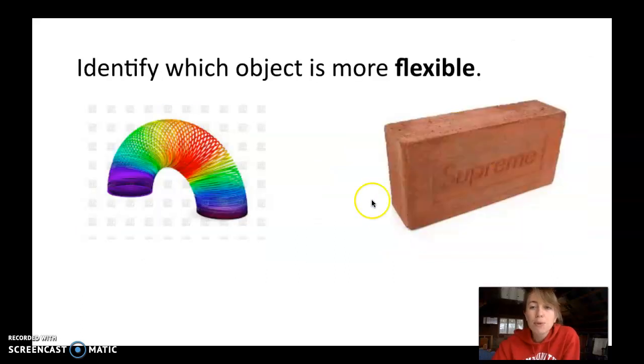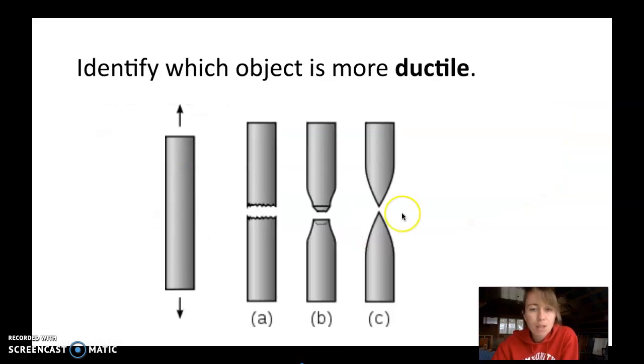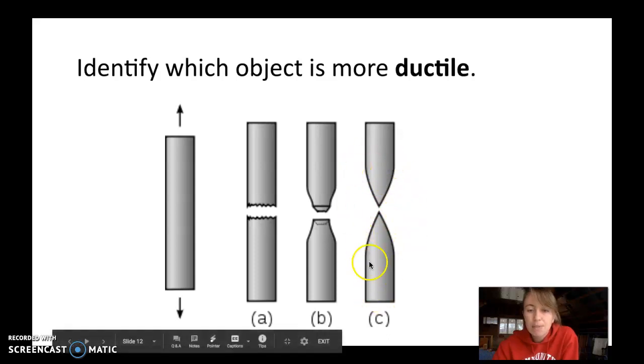Okay, so we're going to go through a couple of examples. I want you to pause and think about the answer, and then I'll tell you. All right, so the more flexible object is the slinky here, obviously, because it's bending. The more ductile object here is the one that's been thinned out.